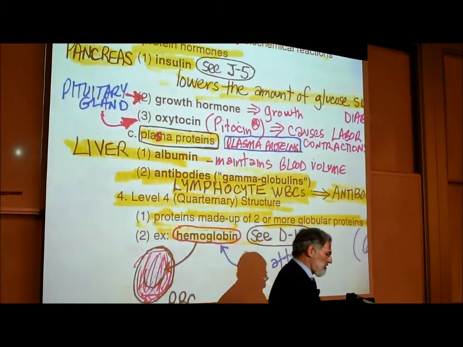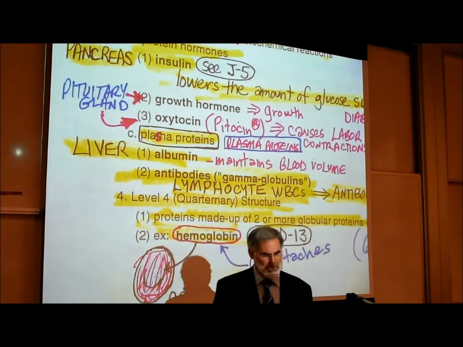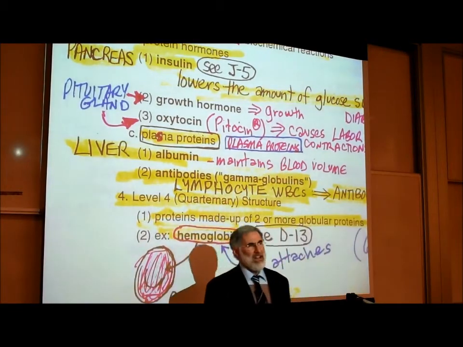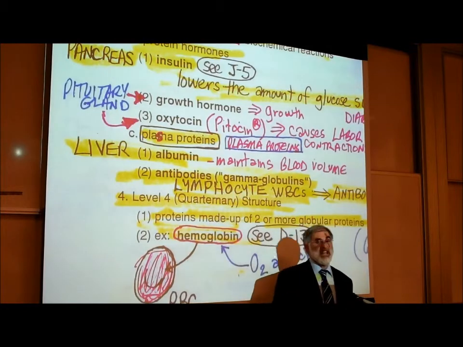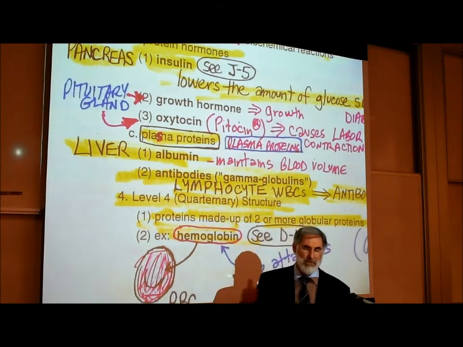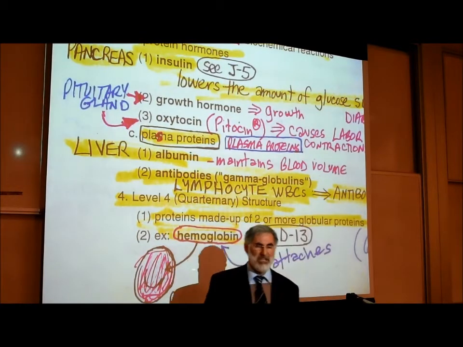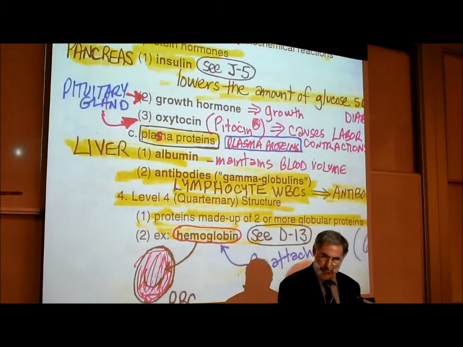And the function of albumin protein circulating in your bloodstream, produced by your liver and released into your bloodstream, is that it helps maintain your blood volume. If somebody were to injure themselves and be hemorrhaging or losing blood, one of the ways that they would treat them in the hospital is to give them albumin to help maintain their blood volume.